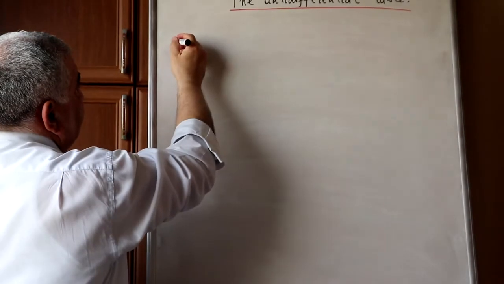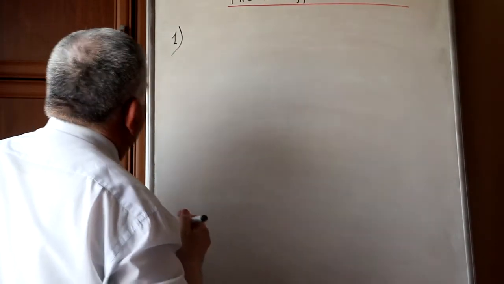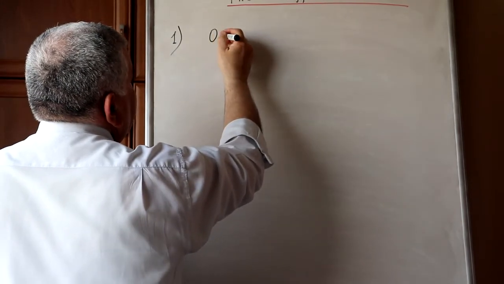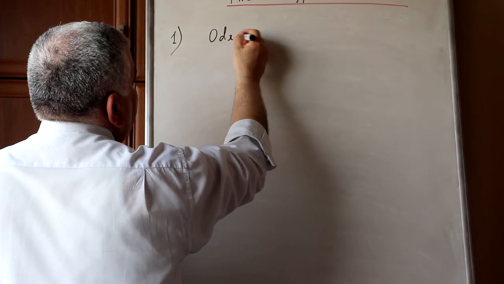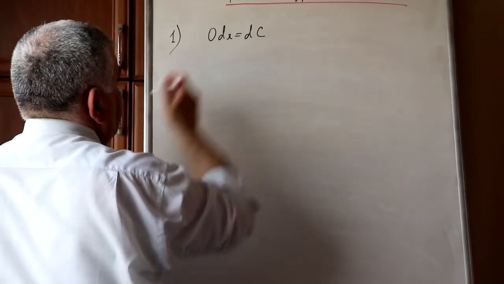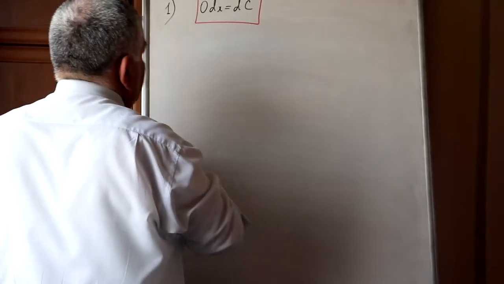First formula, 0 dx is dc. Here c is a constant value.